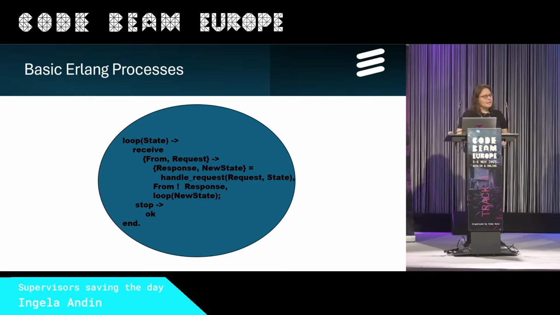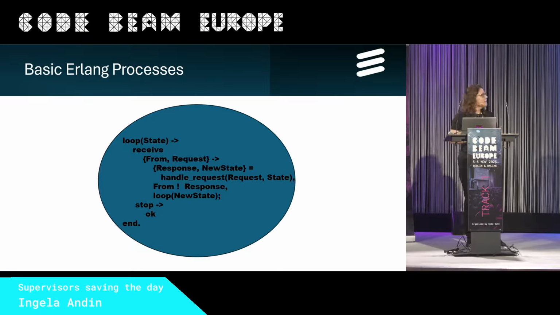So a basic Erlang process would look very much like this. That is, it would be executing the code of a recursive function. So let's call our recursive function loop, and we will give it a state as an input.